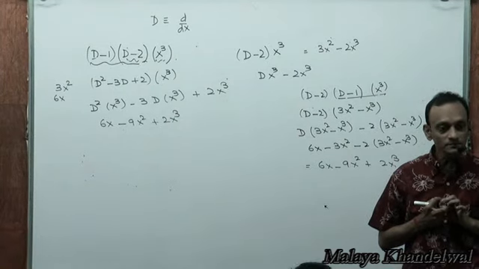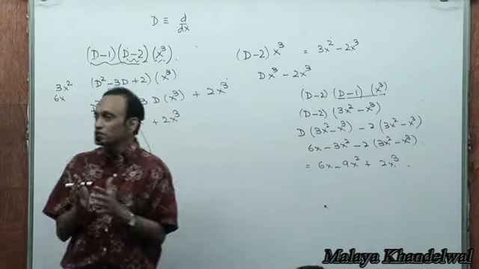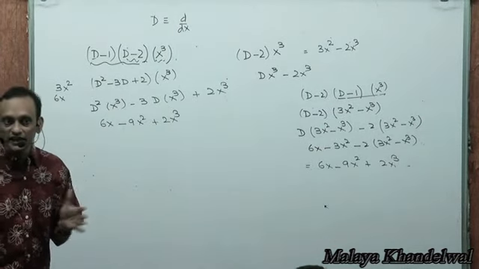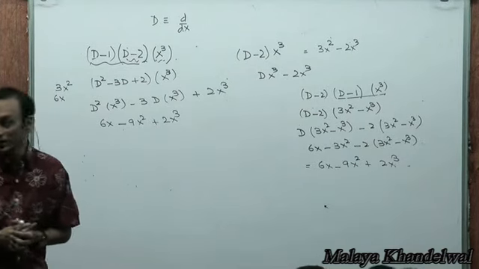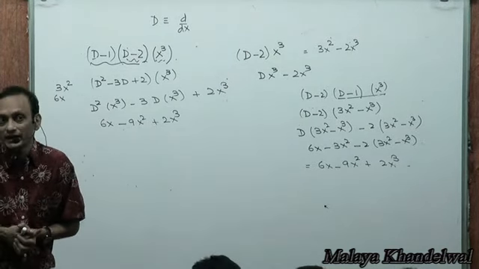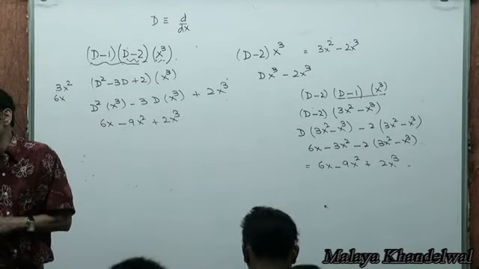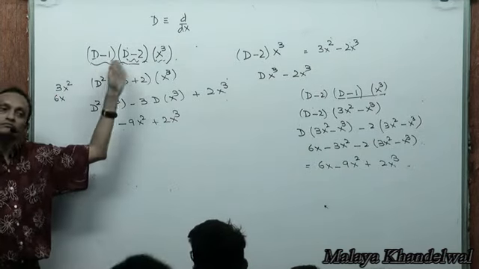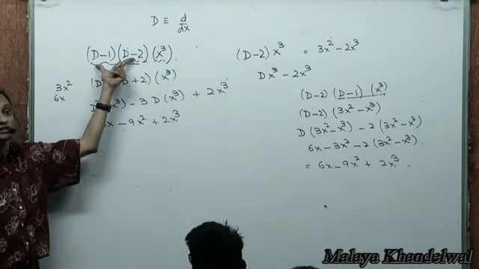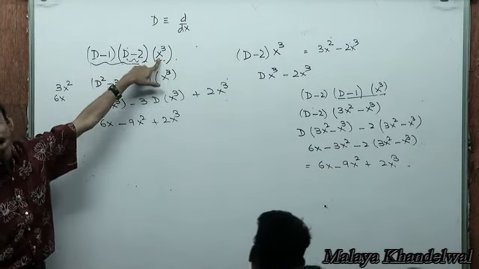Yes or no? Seems like these polynomial operators, I can multiply just like I multiplied polynomials. Imagining D for a moment, forgetting that D is an operator, imagining D to be just an algebraic entity, I could create a new operator which independently acted on x cube to give you the same output.